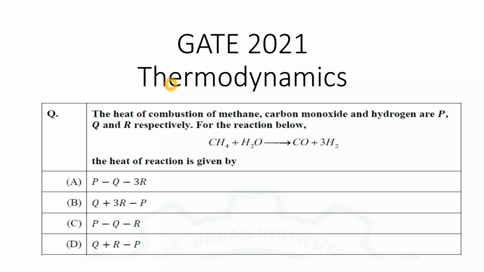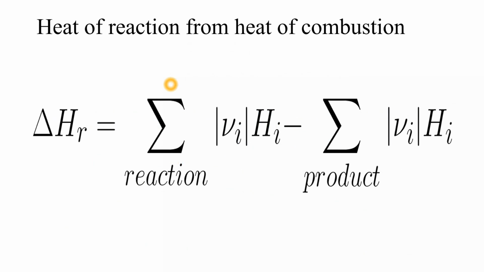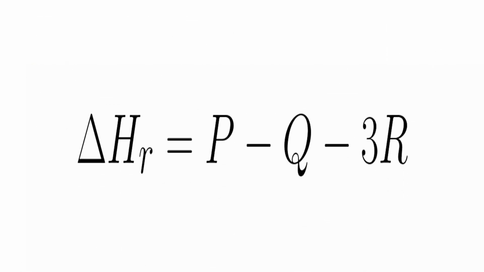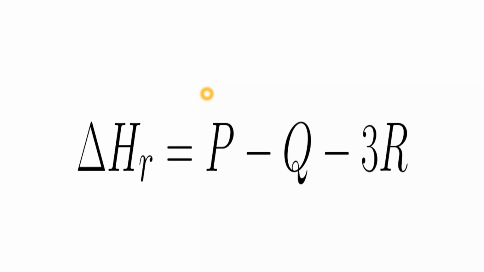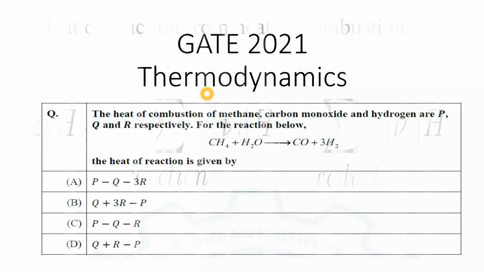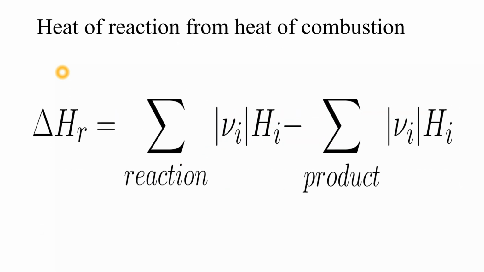In heat of combustion terms we write it as reactant minus product. So from this equation we will get the answer, P minus Q minus 3R. So option A will be our correct option, right?